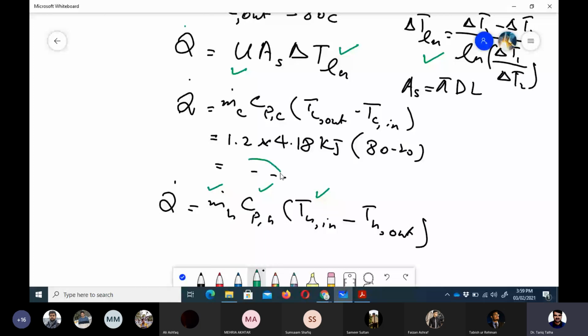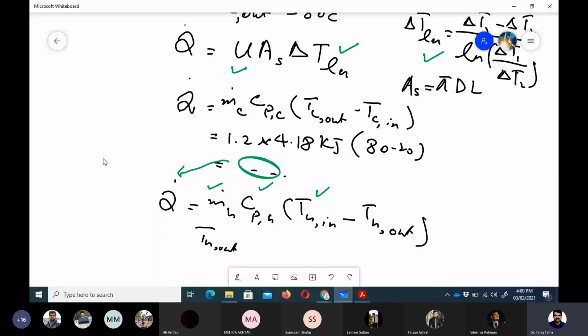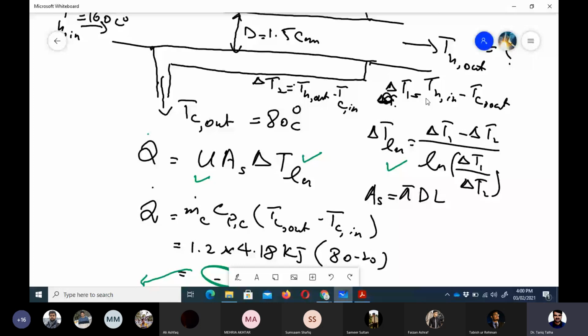We can put it here, so we can find Th out, and once we get Th out, we can find delta T1, delta T2, delta T logarithmic, and then we can find the AS value. And AS would be equal to pi d l. The diameter is given as 1.5 centimeters, so we would be able to find the length which is required to achieve the desired heating.